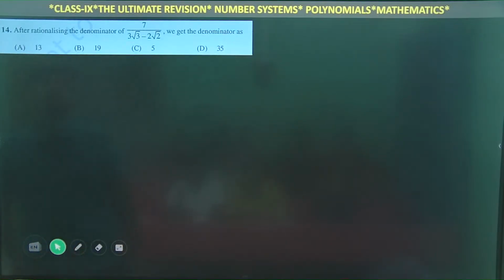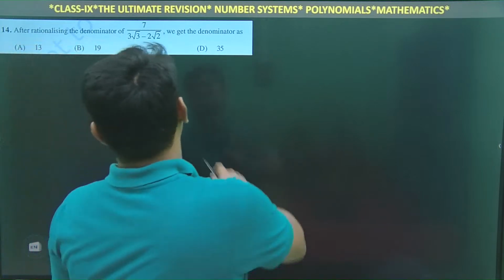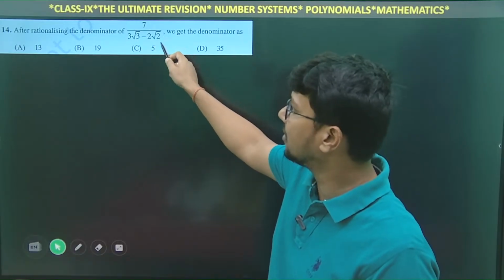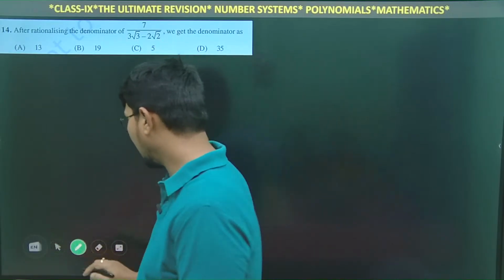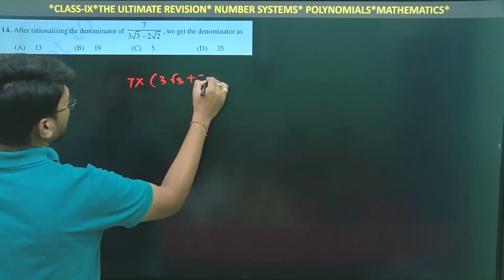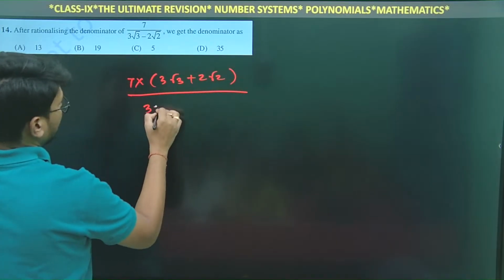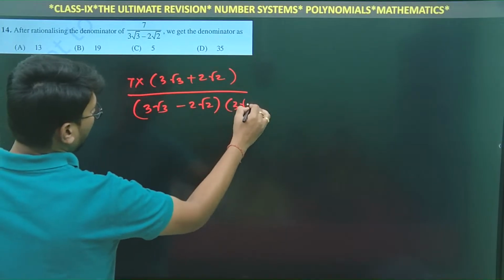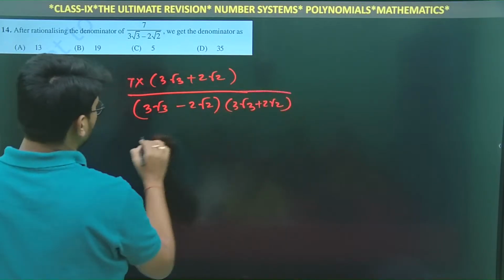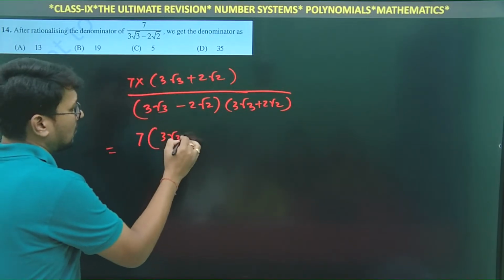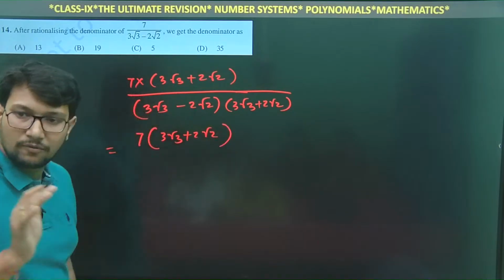The next question is: after rationalizing the denominator of this, what is the denominator? Check, 3 root 3 means you should multiply 3 root 3 plus 2 root 2. So it will become 7 into 3 root 3 plus 2 root 2 by 3 root 3 minus 2 root 2 into 3 root 3 plus 2 root 2. Are you clear what we have done here?